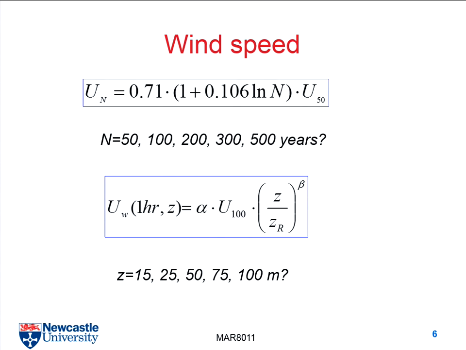About the other estimation, after you have the wind speed for the 100-year return period, and we use that as a reference value, the reference value for the height is 10 meters. I tell you that it's 10 meters. Can you calculate the wind speed at different heights?